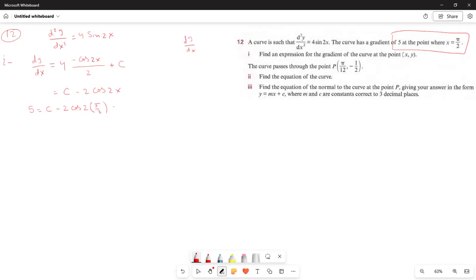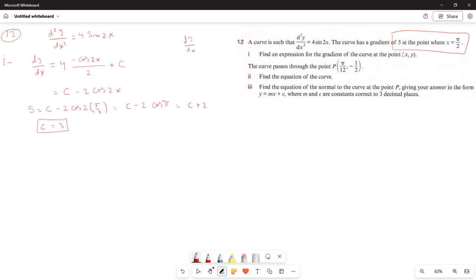So you know that c minus 2, and cos of pi is minus 1, so it will become c plus 2. So from here we can prove that c is equal to 3, right?